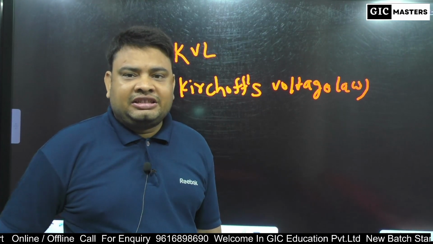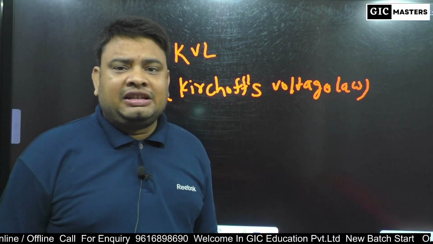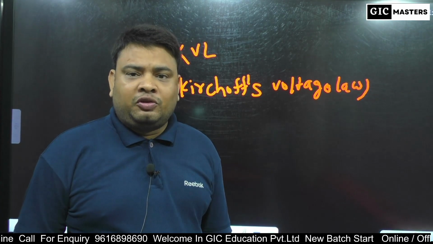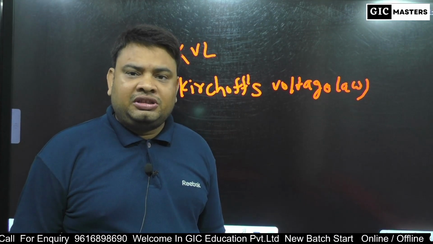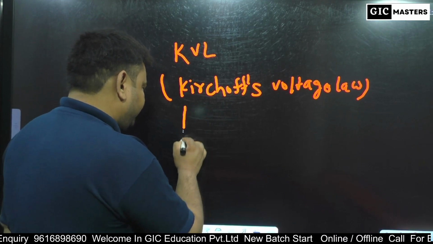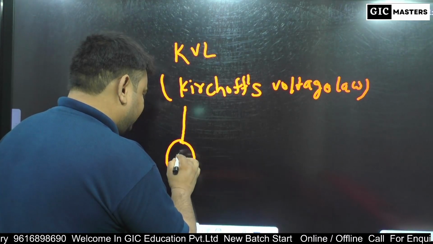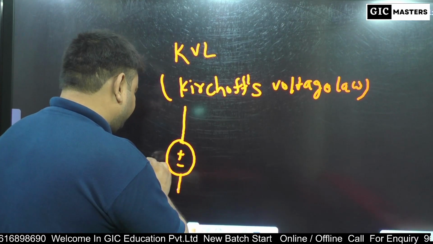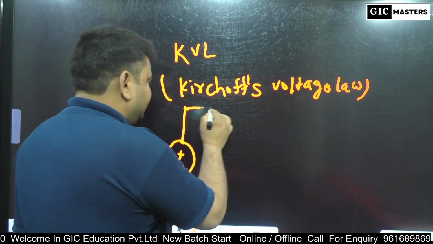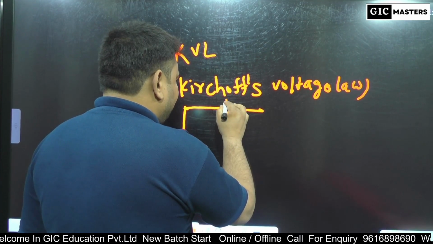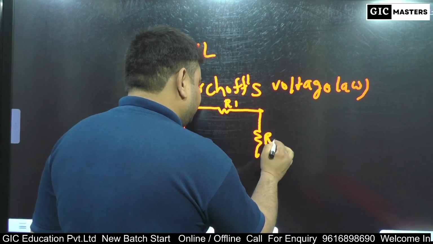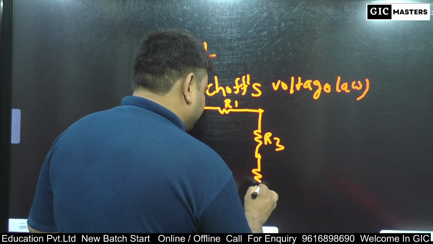KVL states that the algebraic sum of voltage in a closed loop is equal to zero. Suppose one circuit, E is the voltage source, here one resistance R1, here second resistance R2, and third resistance R3.